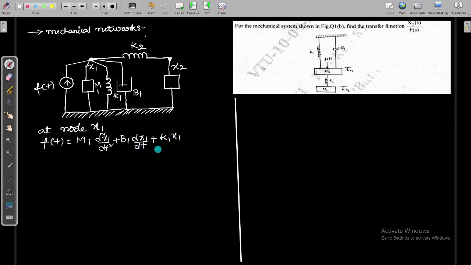These are the connected elements, but between x1 and x2 there is another element, k2, that is k2 into (x1 minus x2). That is the first equation.